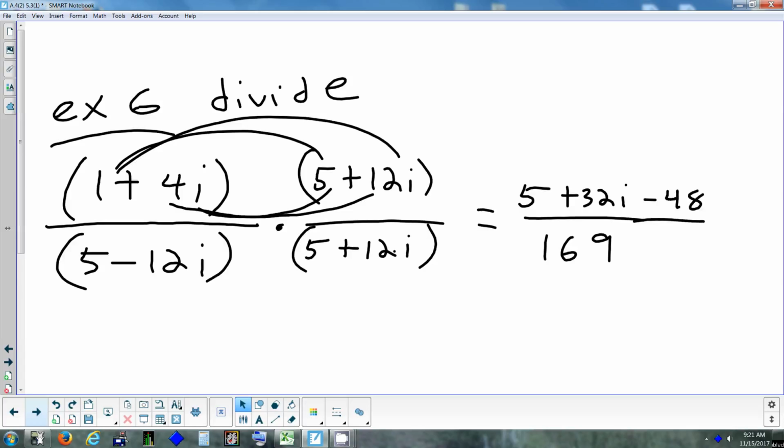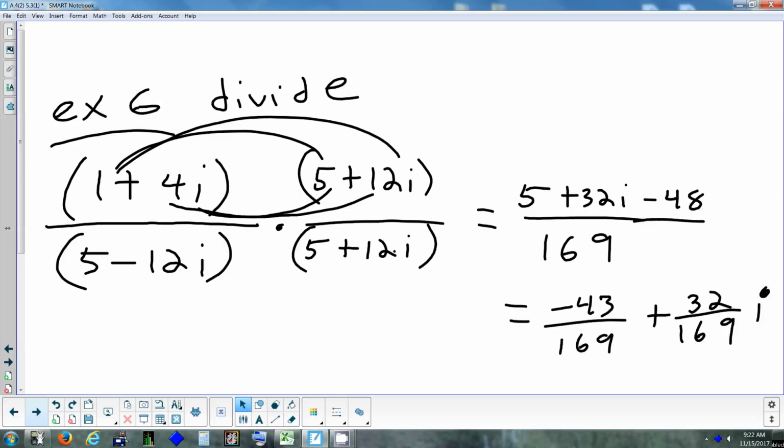Okay, so combine like terms and then split it into real part and imaginary part. We have 5 minus 48. Yep, negative 43. And what's the denominator going to be? Yep, 169. That's your real part. Plus, because the imaginary part was positive, 32 over 169.